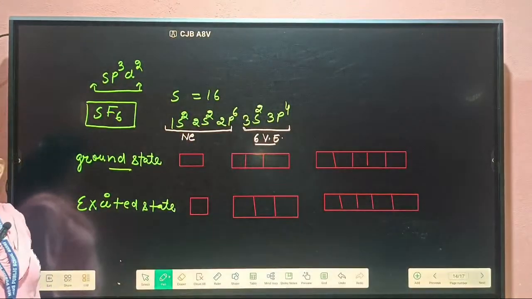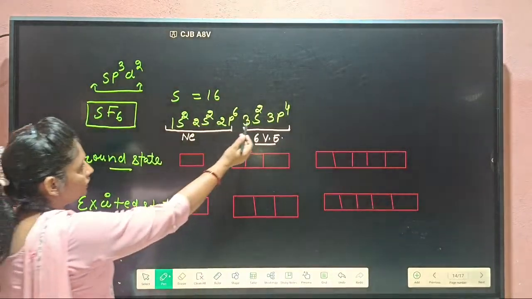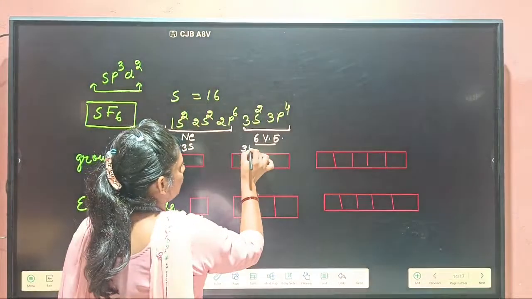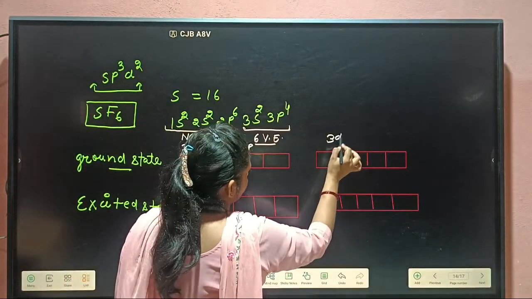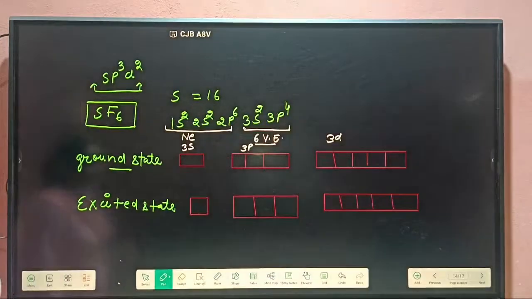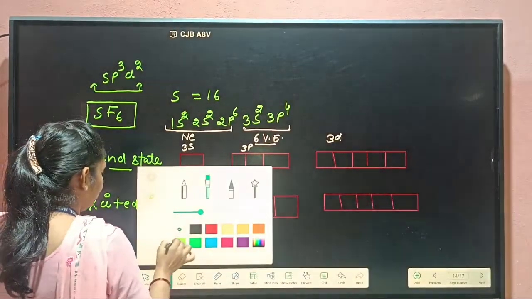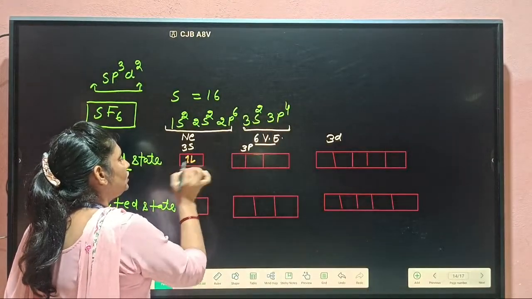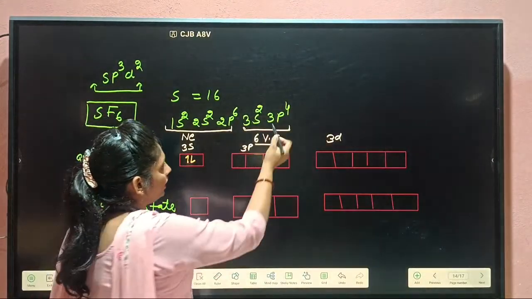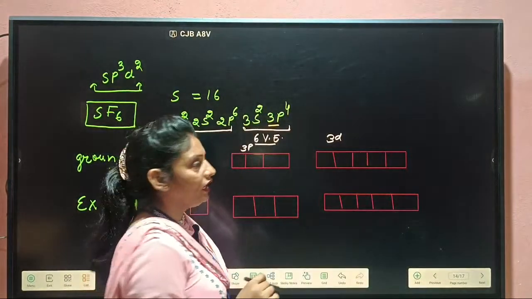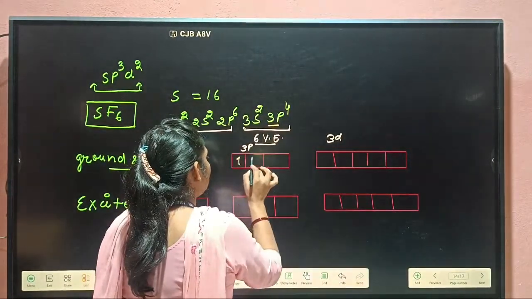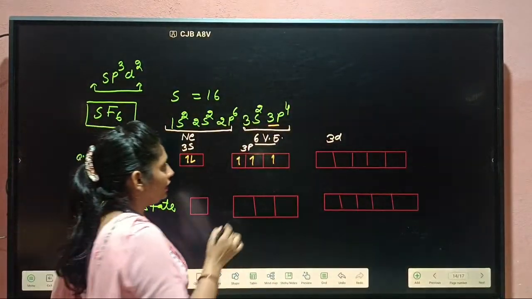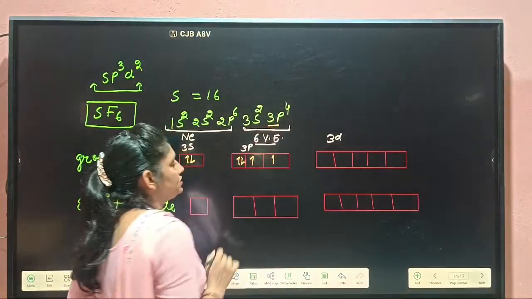Okay students, so now you can make here 3s, 3p, and 3d. Then you can fill the electrons. In 3s, in the ground state there are 2 electrons, and in 3p there are 4 electrons. First of all, according to Hund's rule, you will fill singly, after that start pairing.